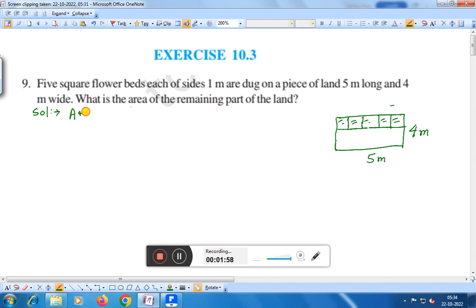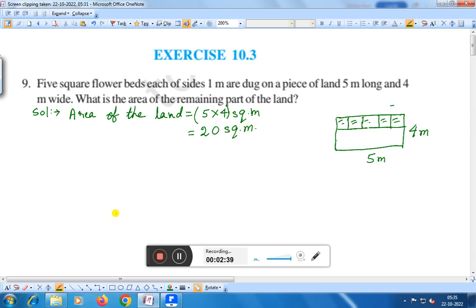Area of the land is equal to 5 into 4 square meter. That is 4 5s are 20, which is equal to 20 square meter.